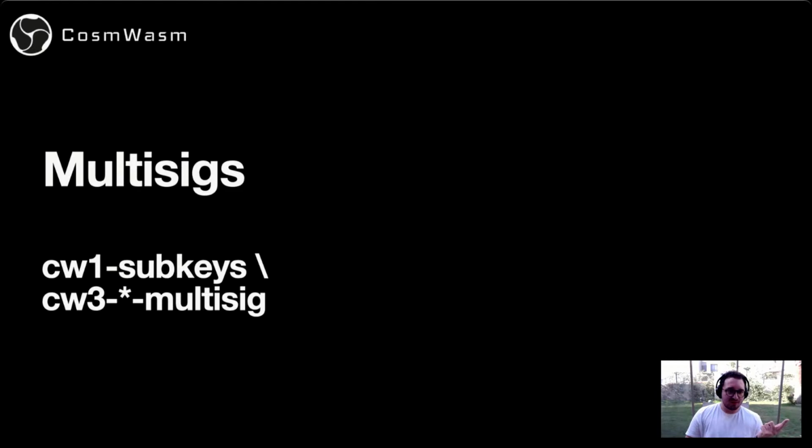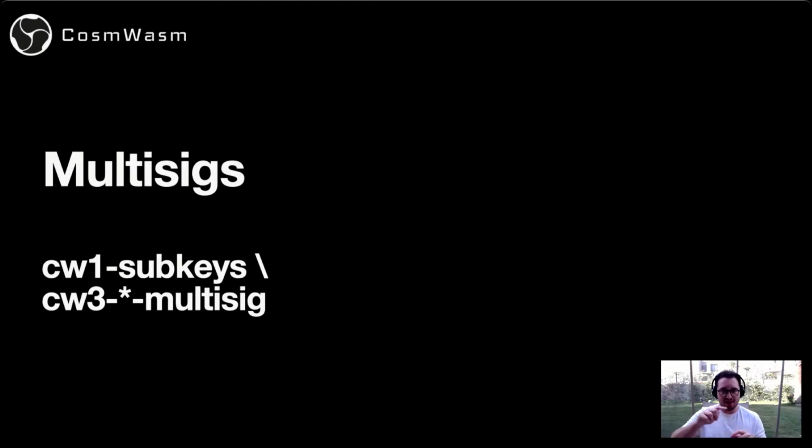So what is a CW3 multi-signature wallet? With subkeys, you can just relay the messages, meaning there is no protection or anything, or voting. With multi-signature, there is a voting mechanism, meaning, let's say there is a message that wants to be executed, and you just send this to this smart contract, and the other members of this group have to sign this message and approve it.